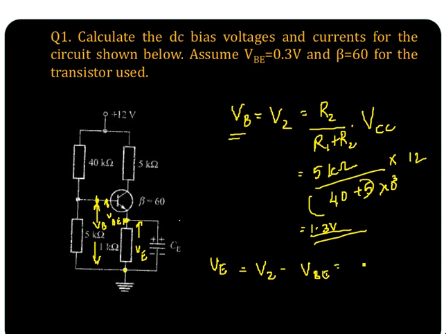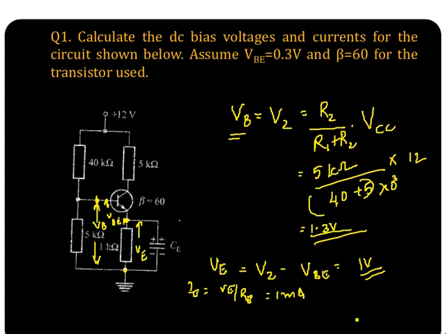After substituting, 1.3 minus 0.3, you get 1 volt. What about the emitter current? Emitter current is the current through this RE. IE will be VE by RE. VE is 1 volt, 1 by 1 kilo ohm, and you will get it as 1 milliampere.